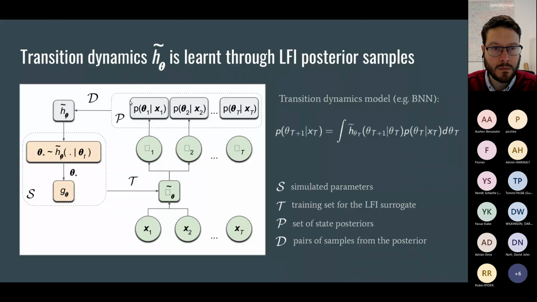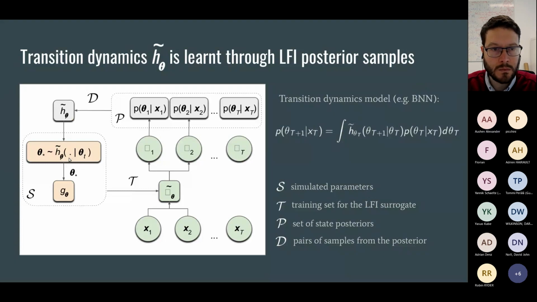That's essentially the training set D. And then we can use this transition dynamics model to propose the simulations for future time steps.